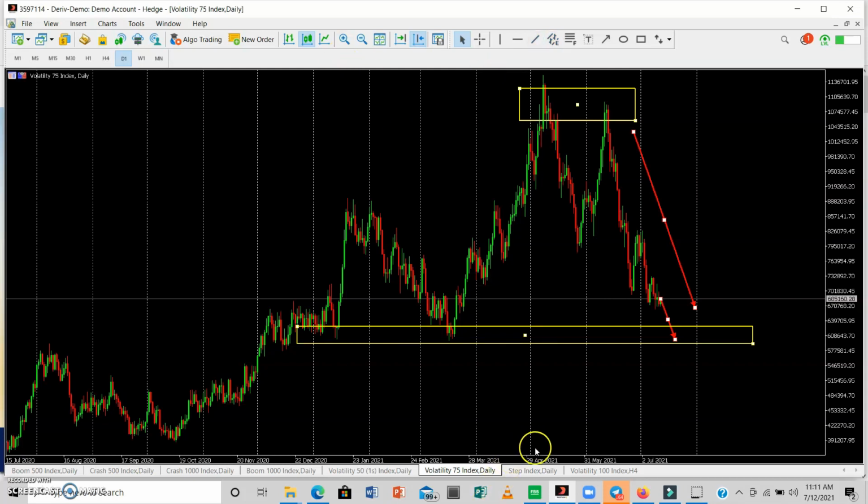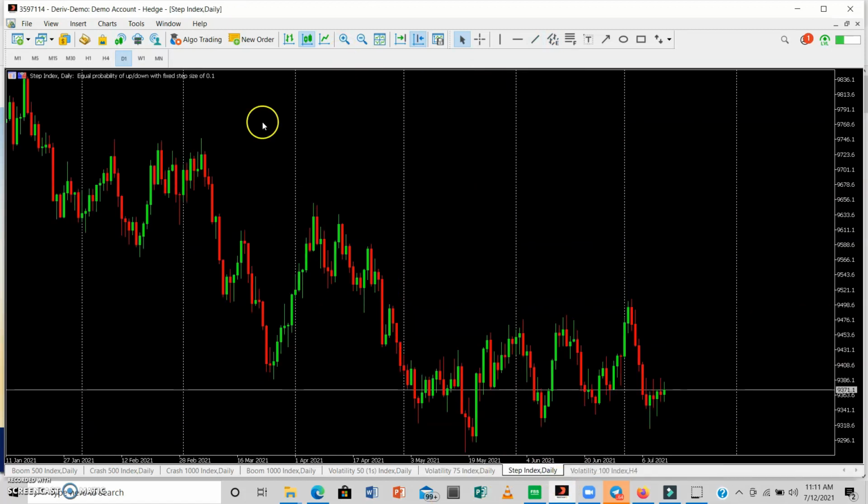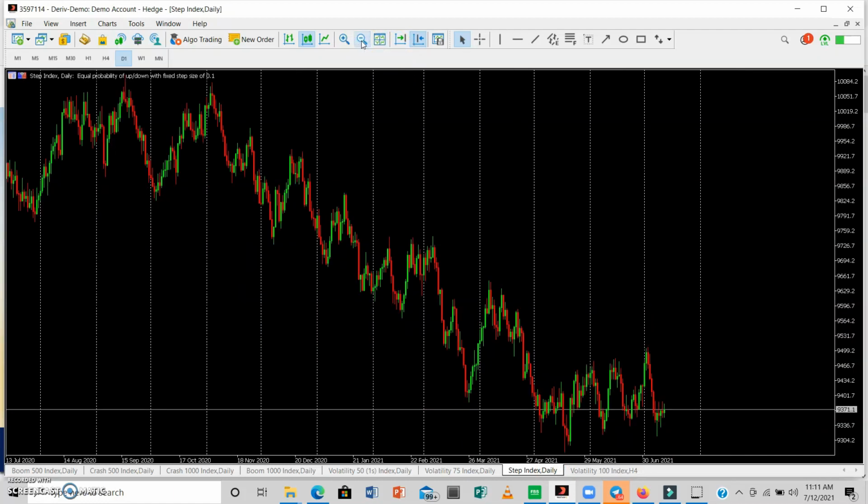So let's go on to Step Index, which is one of the most difficult indices to analyze. It's very, very stubborn. The movements are very, very haphazard and very much unpredictable. So we will see what we can get from there.